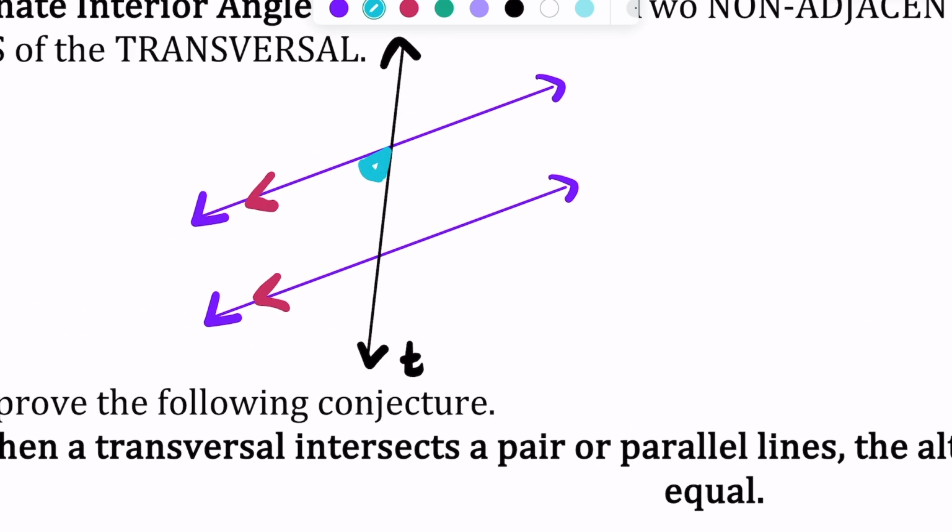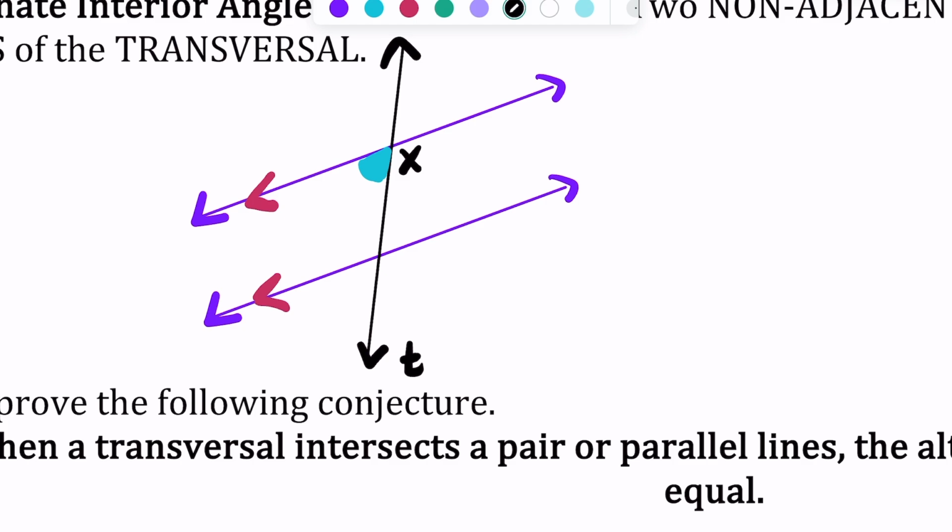Now the definition says that these interior angles are not adjacent, which automatically rules out this one, right? Because those two angles, the blue and where I've drawn the X, are adjacent to each other. They are next to each other. So that's out of the question. These two non-adjacent interior angles have to be on opposite sides of the transversal.